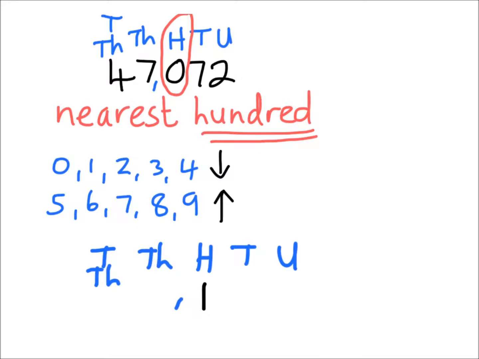And because we're rounding to the nearest 100, the nearest multiple of hundreds, any number that ends in 100 has 2 zeros at the end. So we're going to put our placeholding zeros in, and we need to remember that our 47,000 stays as 47,000. So to the nearest 100, we've got an answer of 47,100.